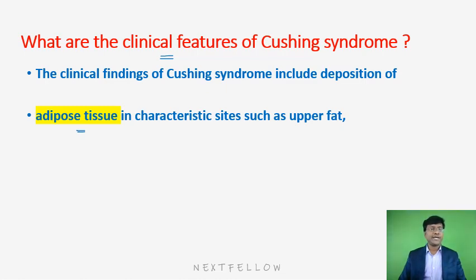It accumulates in the supraclavicular area, which causes supraclavicular filling. It accumulates in the abdominal area, resulting in central obesity. So these are some of the very important clinical features of Cushing's. In fact, the earliest feature of Cushing syndrome is weight gain.